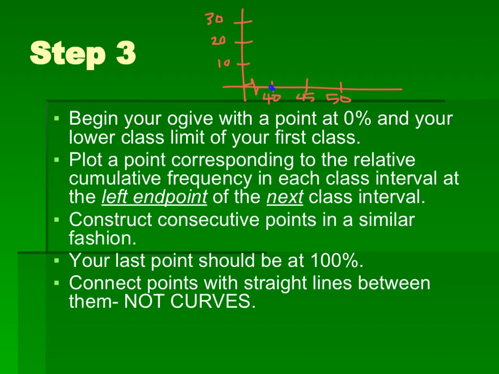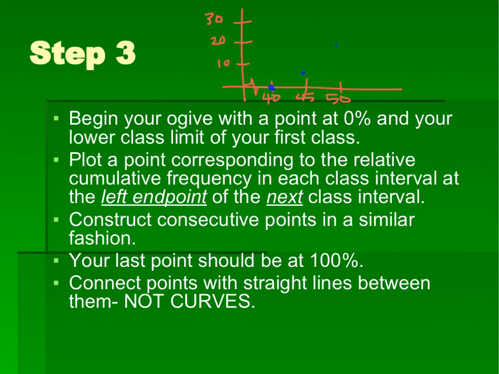So I'm going to go to the 45 and put a dot right around 5%. The next relative cumulative frequency was somewhere around 18 or 19%. So I'm going to plot that at the minimum value of the next class. So I'm going to try to go up here just below 20.